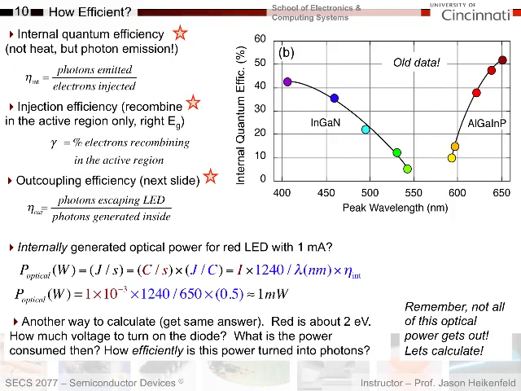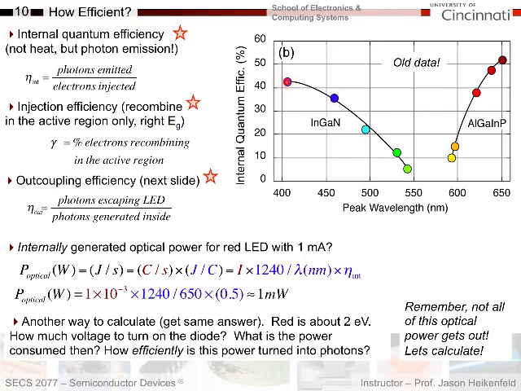The second thing we care about is injection efficiency, meaning that if we have something like a double heterojunction LED, I want the recombination to only occur in the active region, meaning only where the band gap is set to the right emission wavelength. So let's say I have a double heterojunction where I've got wide band gap UV on either side of the light emitting region, which is blue.